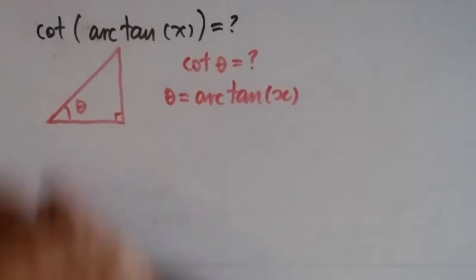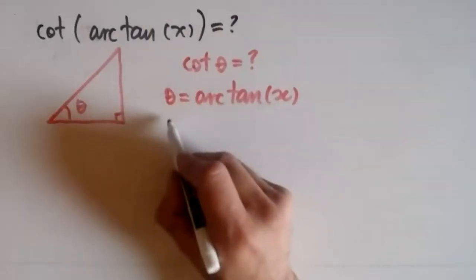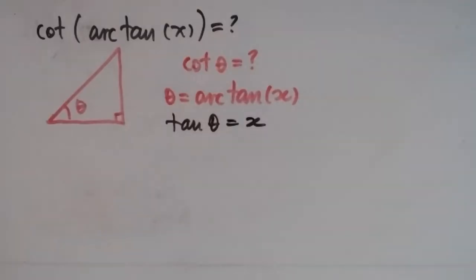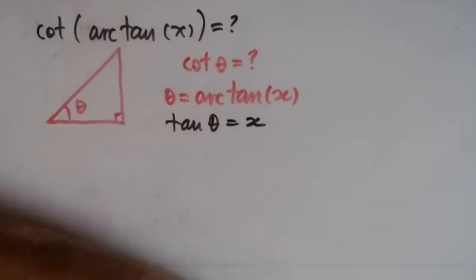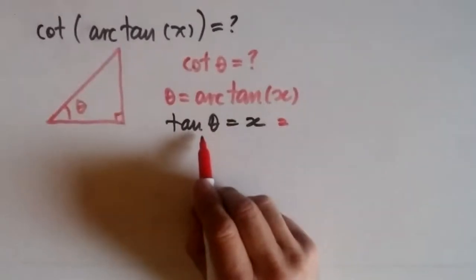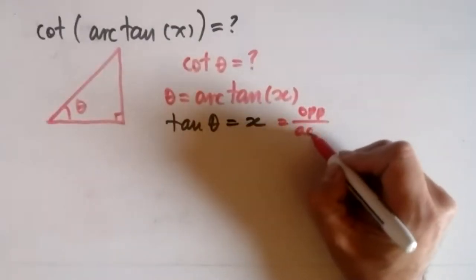Now, if we use the inverse function, if theta is the arctangent of x, then the tangent of theta is x. Okay, now, I have to recall the definition of the tangent. Tangent is opposite over adjacent, correct?